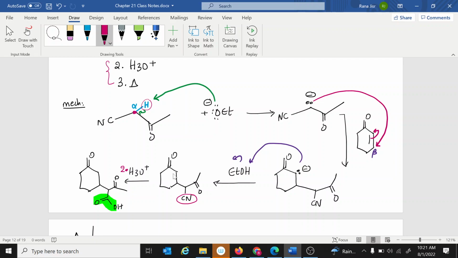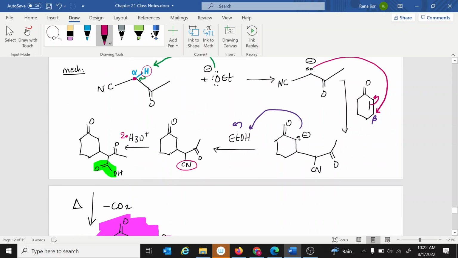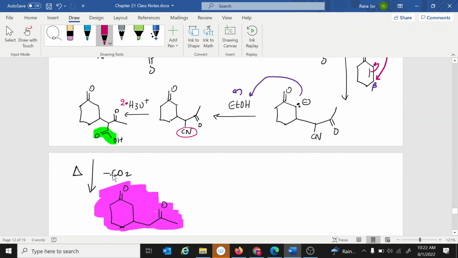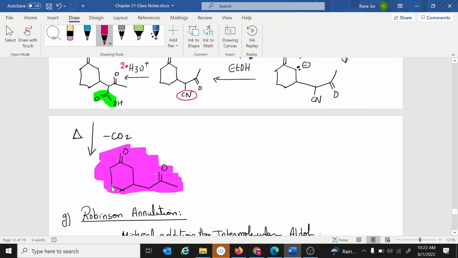I gave you the mechanism for it, but I'm not going to ask you about the mechanism. Just whenever you see cyanide in an acidic medium, that is going to turn into a carboxylic acid. The nitrogen is going to leave in the form of an N+, and the C is going to turn into a carbonyl with a series of water, so you're going to end up having your OHs in there. And then with heat, you're going to lose the carbon dioxide, and you're going to end up getting your product.